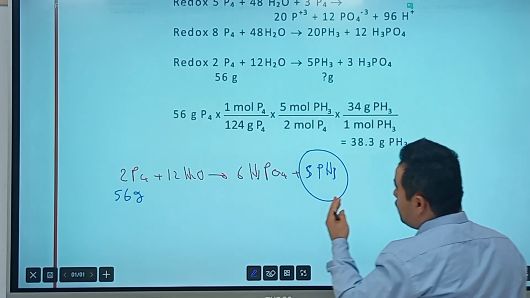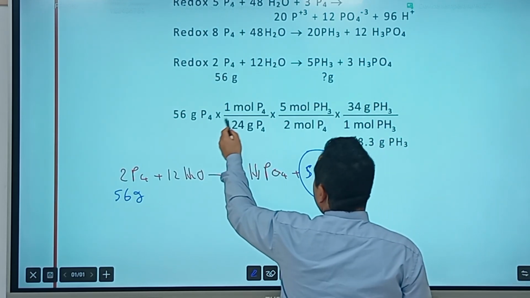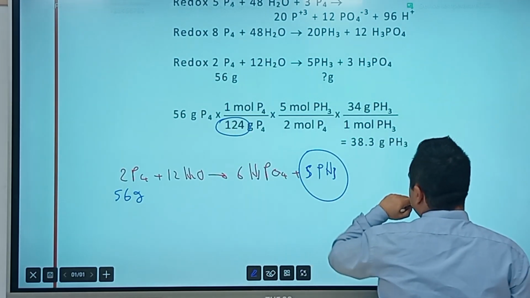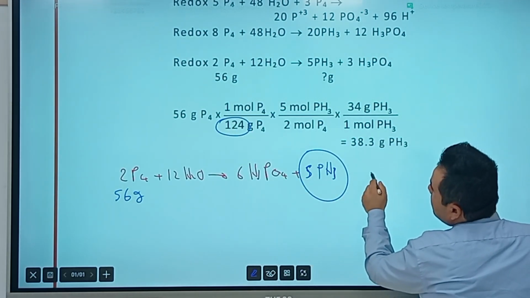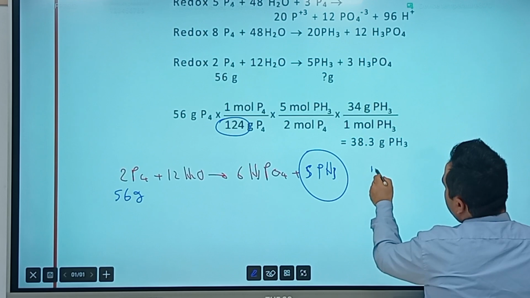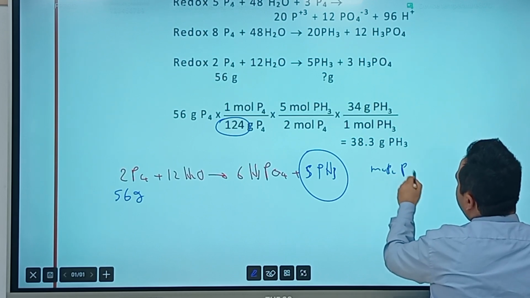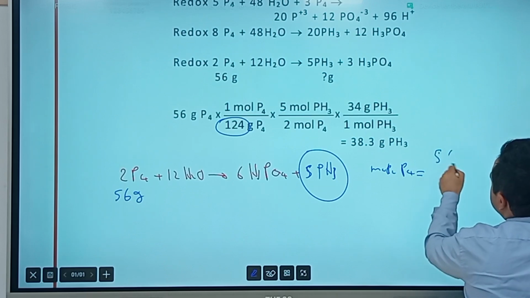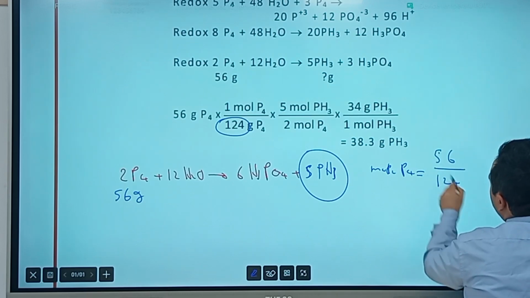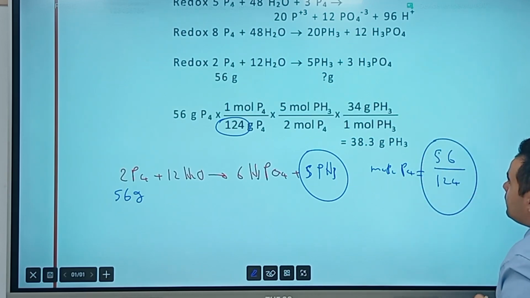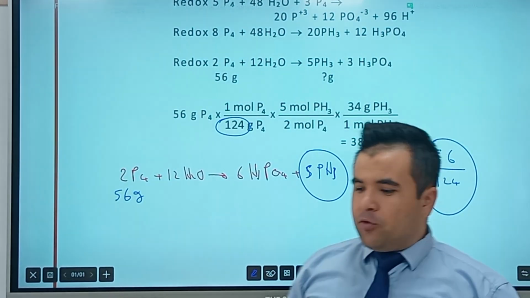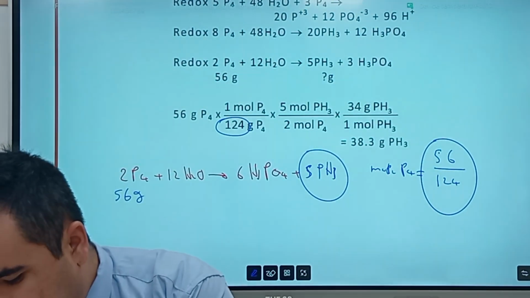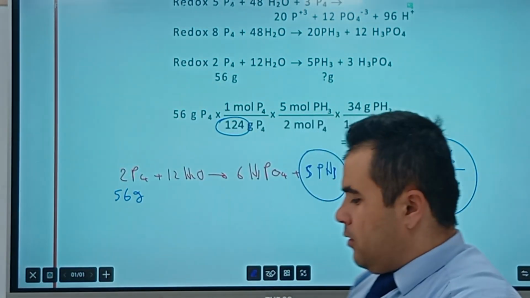What's the molar mass of phosphorus, guys? For 4 phosphorus, we have got 124 as its molar mass. So the mass is given, mole of P4 is equal to its mass, which is 56 divided by 124 grams per mole. This will provide a number. Let us solve.